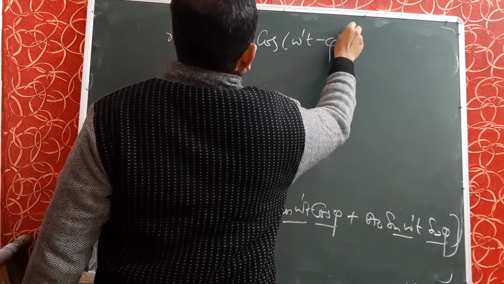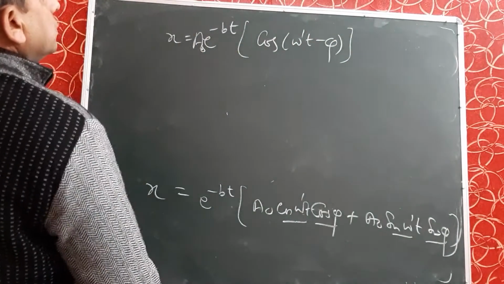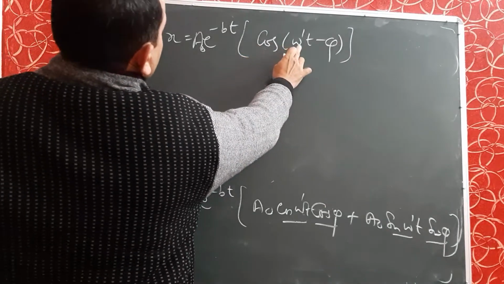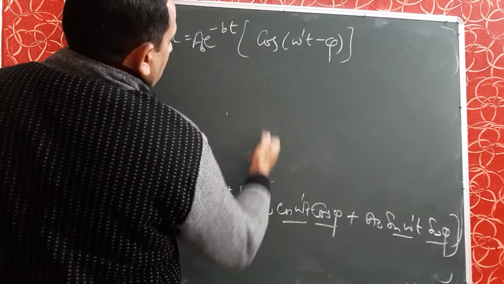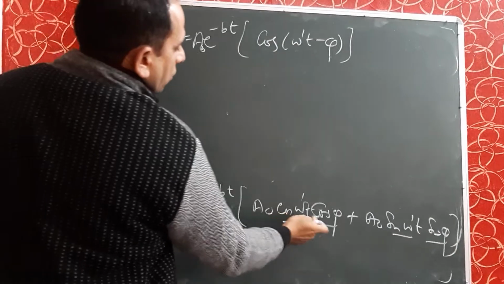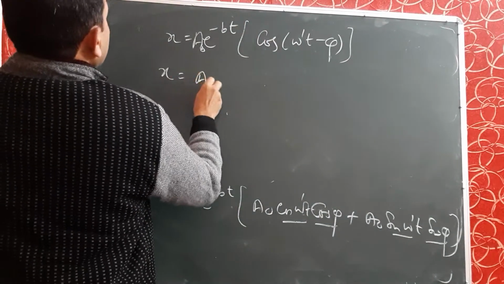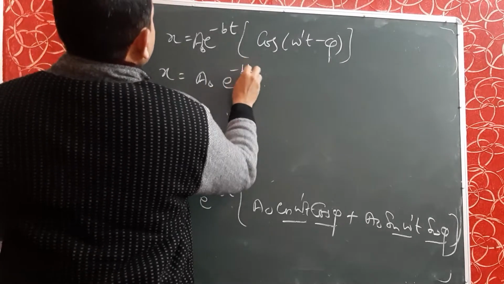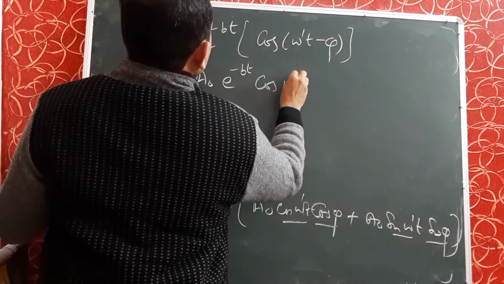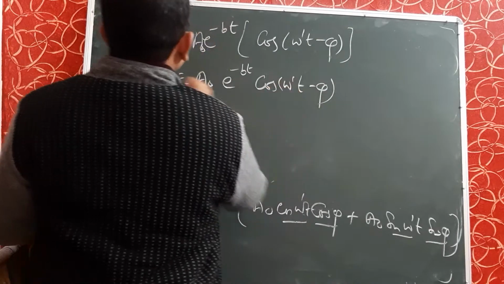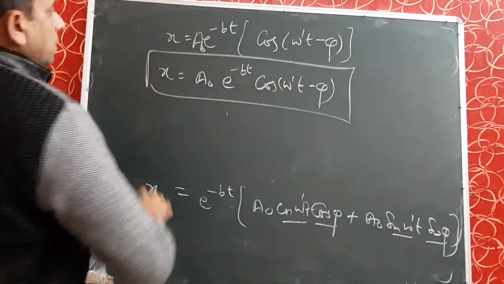Is it clear? Because cos(a minus b) is cos a cos b plus sin a sin b. So, this is a simple answer. You will get e power minus bt into cos of (omega dash t minus phi). So, this is the answer.